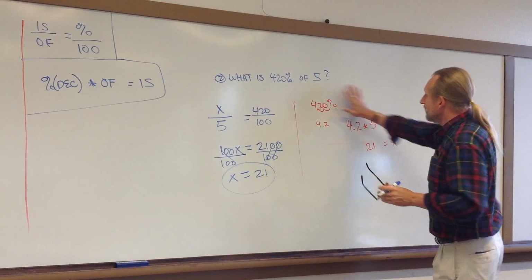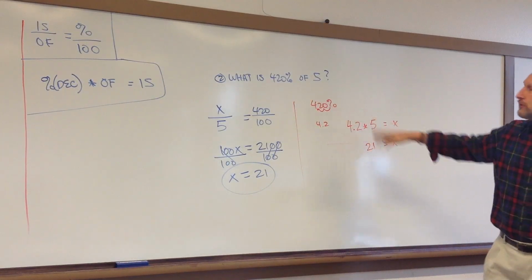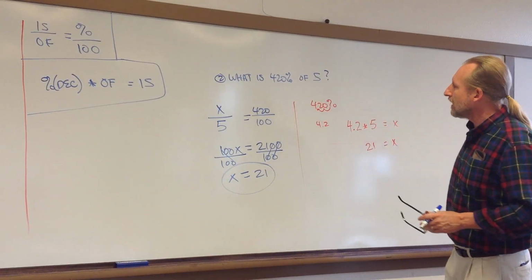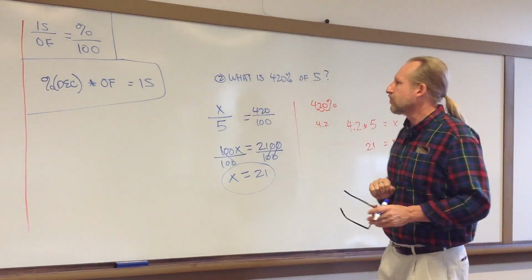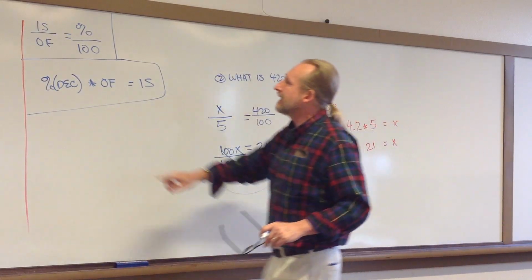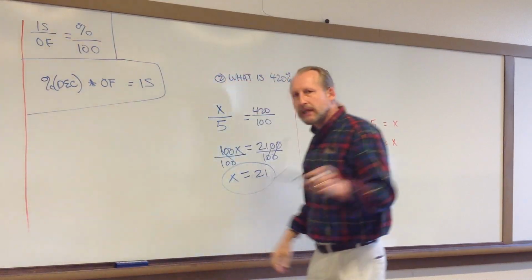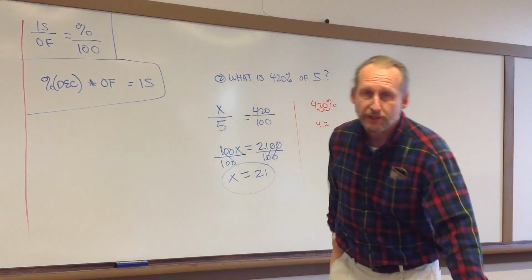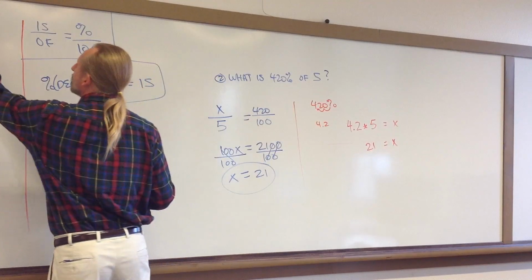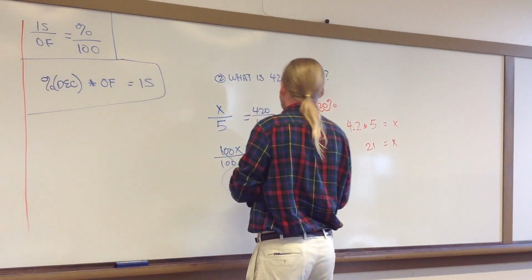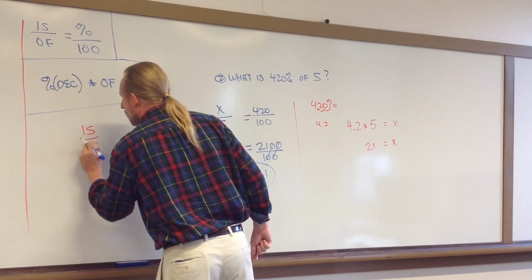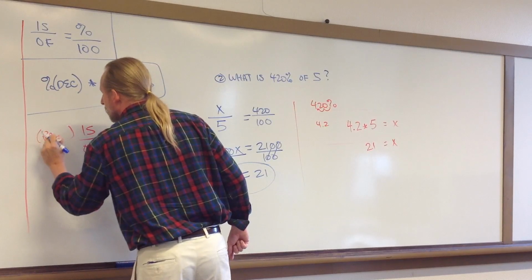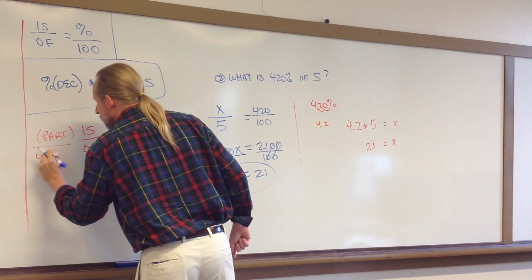All right. If you're confident that this makes sense for you, this is the way I normally do them. If you are not as confident in moving that decimal point back and forth and doing problems that way, you can always fall back on that proportion. And it's important to identify these pieces of the problem. Like I said, when we get to the word problems, the is and the of kind of disappear from the language, and then it becomes a question of the part and the whole.